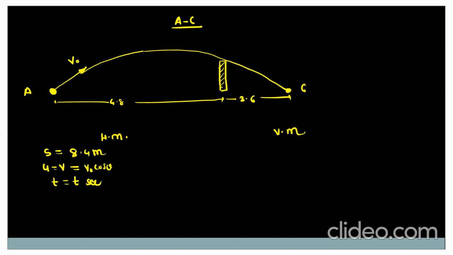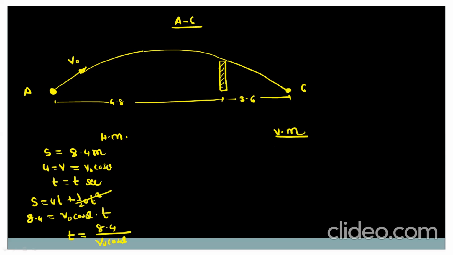So from this, you will get the equation displacement is equal to ut plus half at square. So this term is 0. So we will get 8.4 equal to initial velocity V naught cos theta into total time t. So t is equal to 8.4 upon V naught cos theta. Now consider the vertical motion from point A to C. So for A to C, the net displacement is equal to 0.